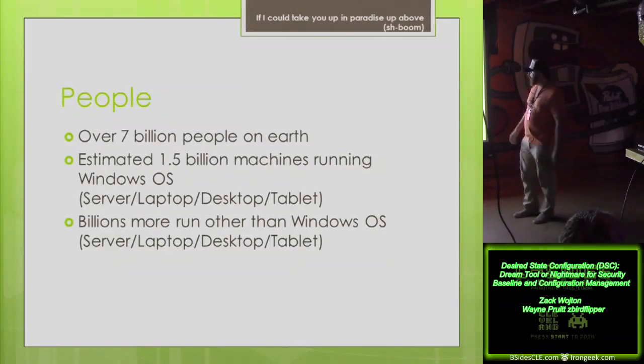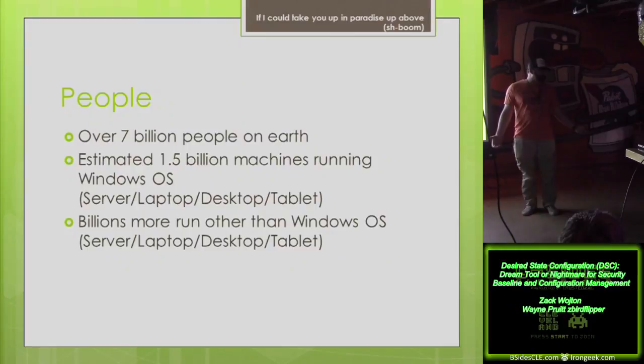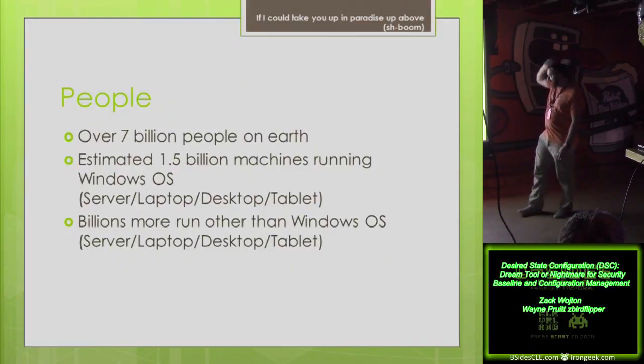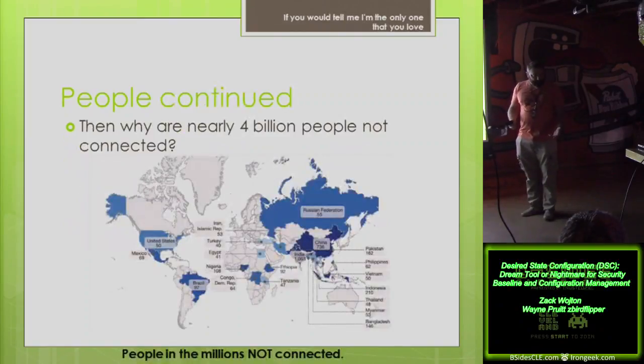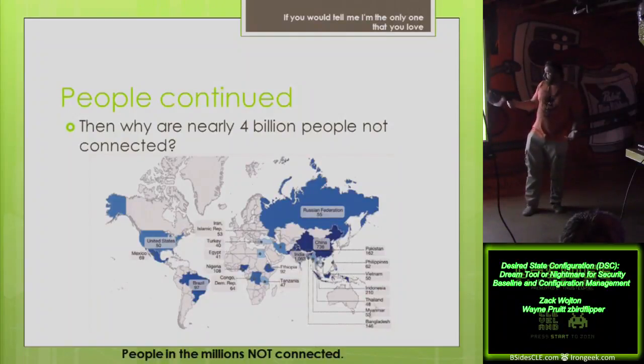7 billion people on the earth. 1.5 billion Windows machines. That's amazing. Billions more run Linux. If you do the math, and you have, hypothetically, 4 billion machines on the planet and 7 billion people, you have 4 billion people not connected.